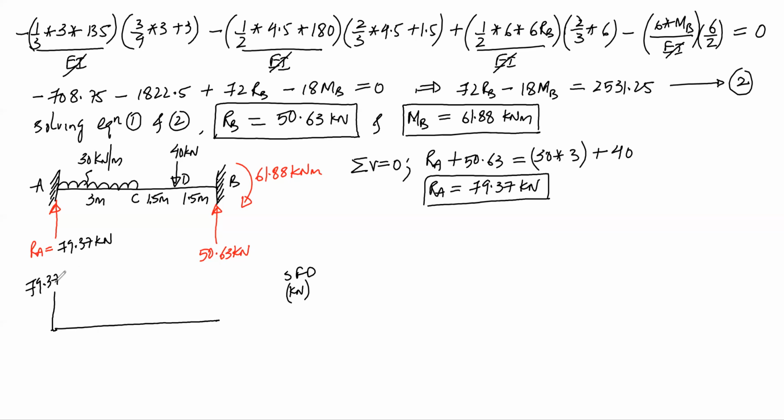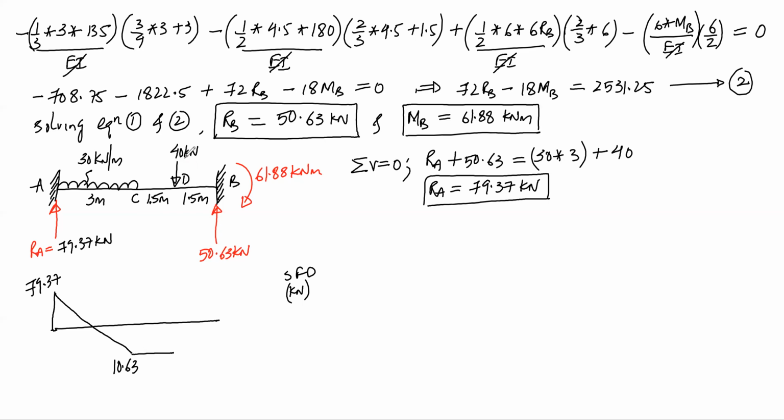So 79.37 minus 30 into 3 will be minus 10.63. So it is an inclined variation to minus 10.63. From point C to D, there is no force, so it will be constant.